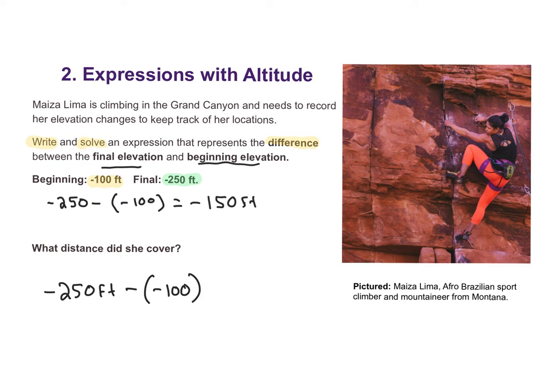And to find the distance, we want the absolute value, the magnitude of the difference: the absolute value of negative 150 feet, which just equals a positive 150 feet.